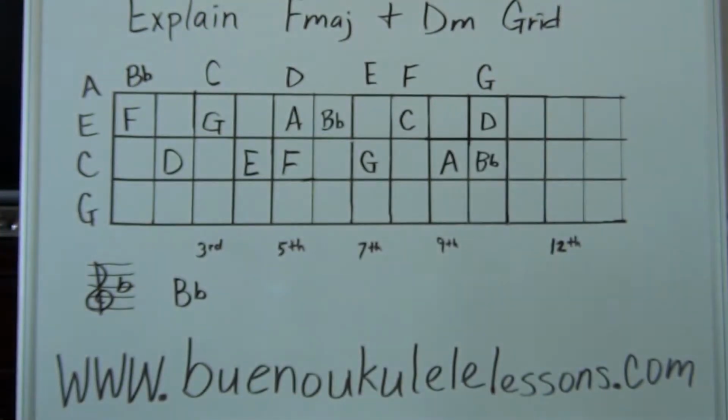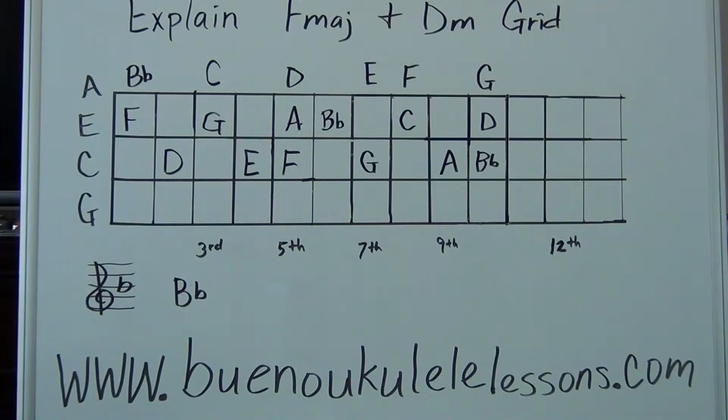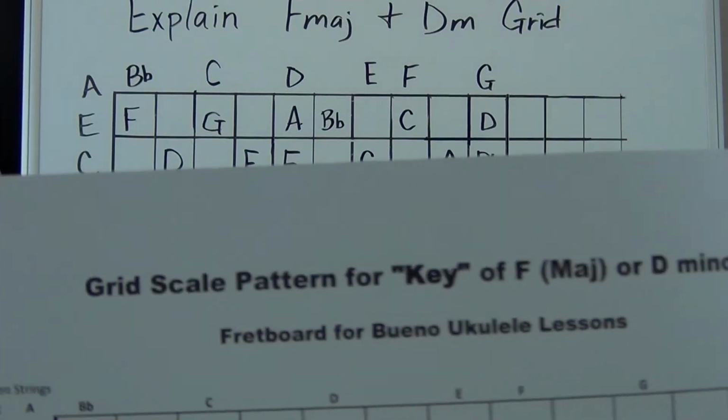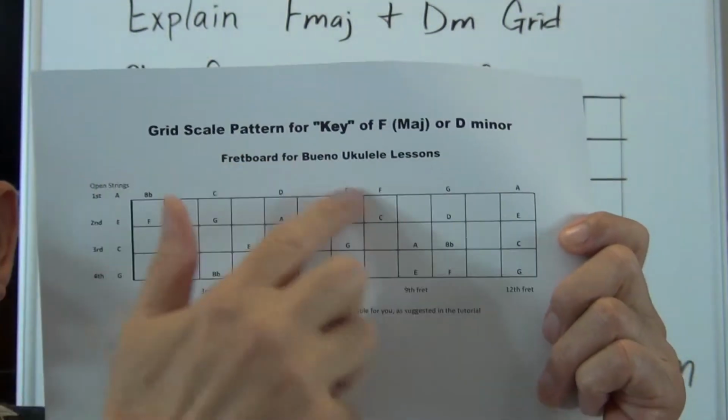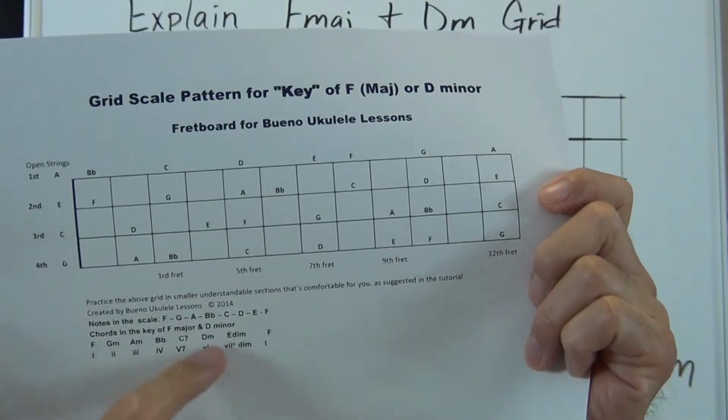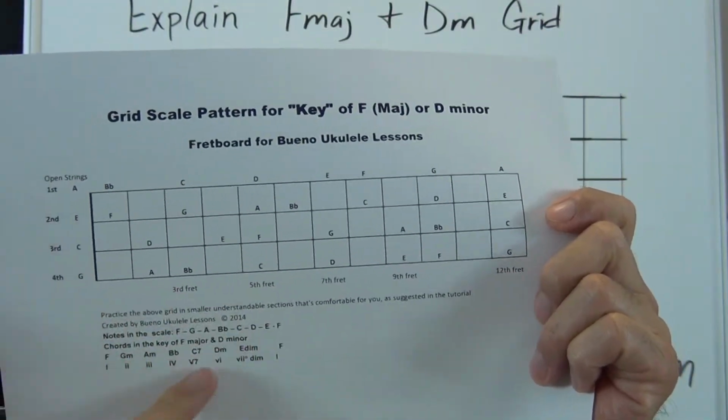Okay, so I take it you went and got your paper. I have written down before me almost the same thing as your paper, just I don't have every note on the fretboard, only things I'm going to be talking about in the example. So you want to be referring to your paper and the information on here. This paper has the information about the family of chords.